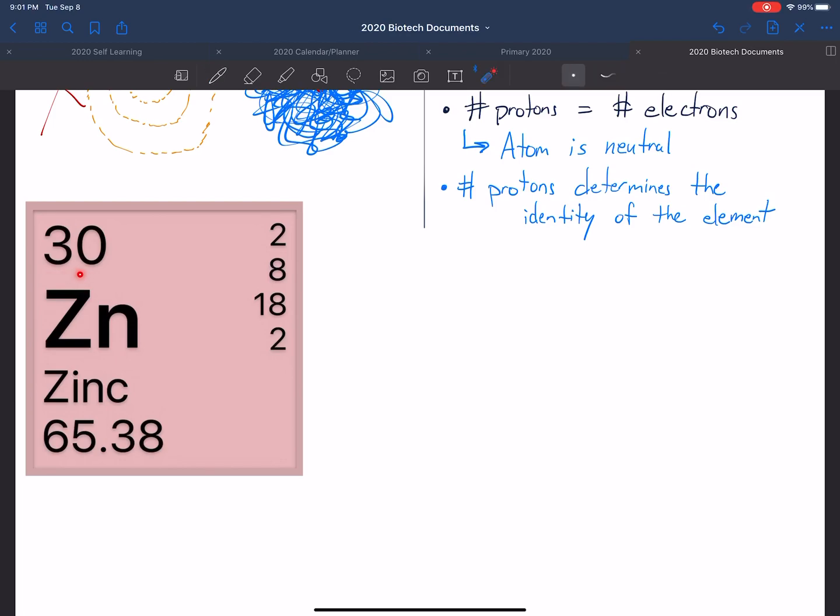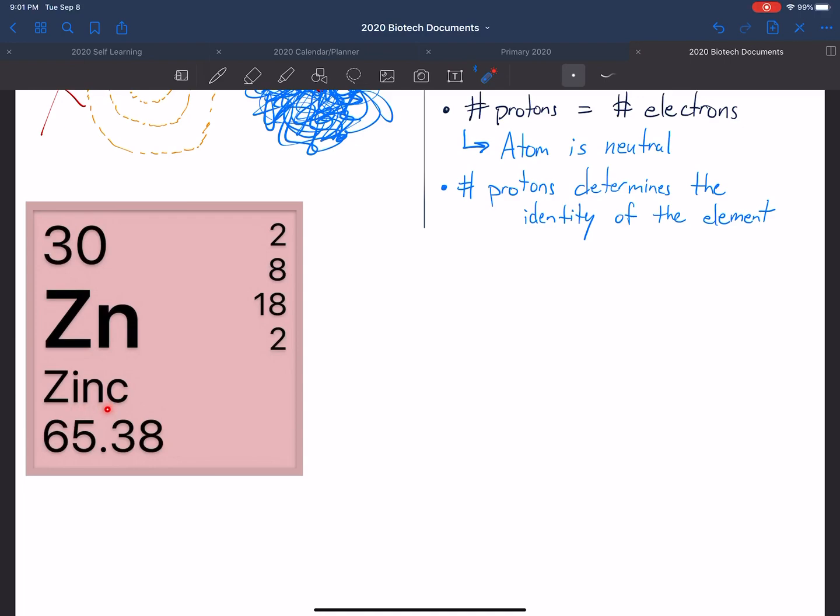You guys can see that there's a number of different pieces of information. Some of these are more obvious than others. This top value here, where for zinc it is 30, that's our atomic number. Here, these letters are the atomic symbol or abbreviation, elemental symbol. There's a number of names for that.